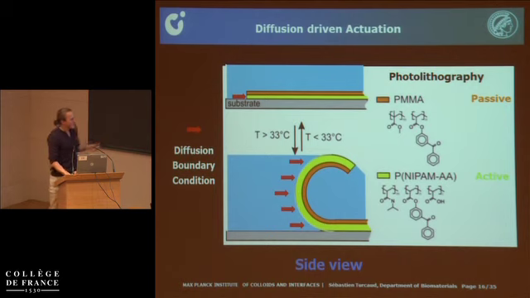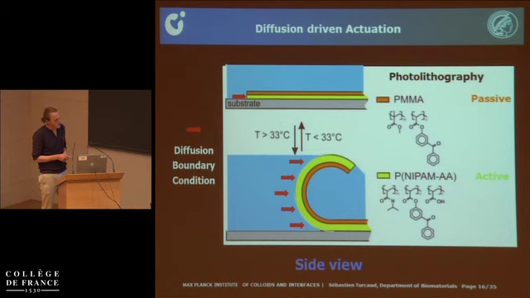So now let me come to the system we're studying. Leonid Dionov from Dresden came to us with those systems. They are made by photolithography, and it's a thermo-responsive bilayer. You have one passive layer on top, PMMA, that doesn't react to water, doesn't swell with water, even with changes of temperature.